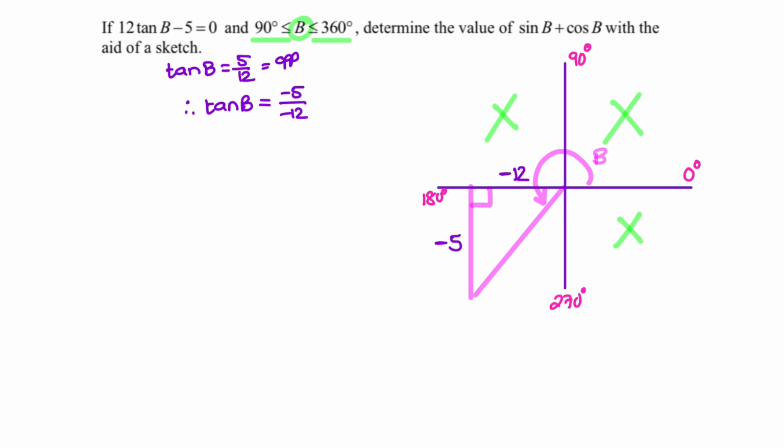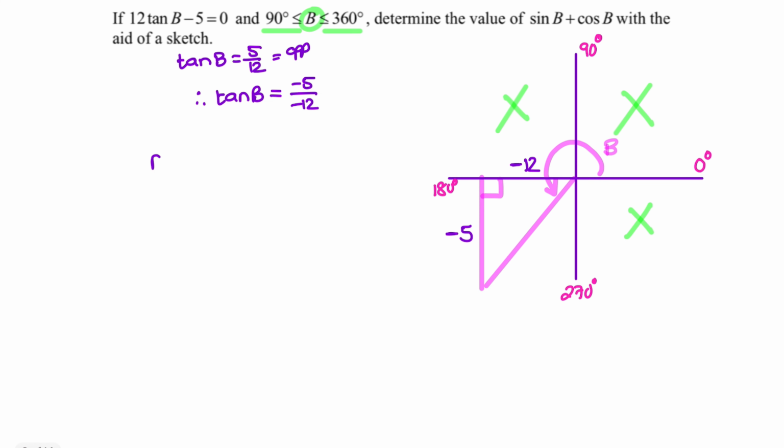Now in order to find sine and cosine in this triangle, I need to find the length of the hypotenuse. Some people would use h for hypotenuse, and some teachers would use r, which means radius. Whichever way, you can decide how you want to find the length of the hypotenuse.